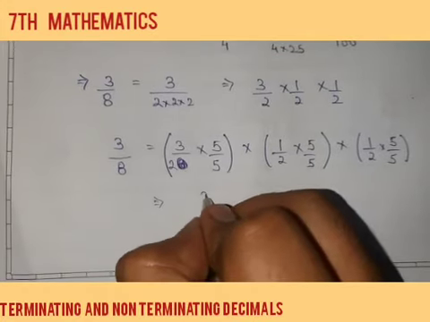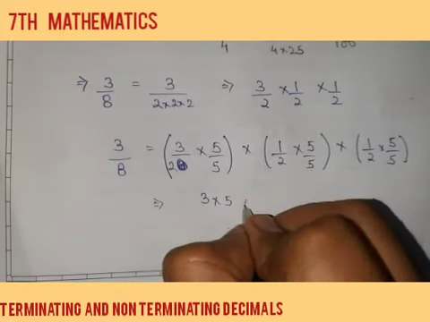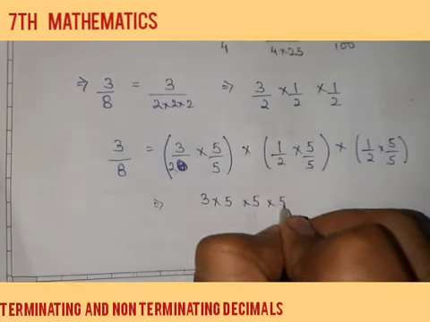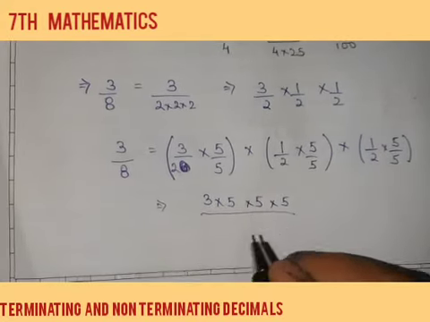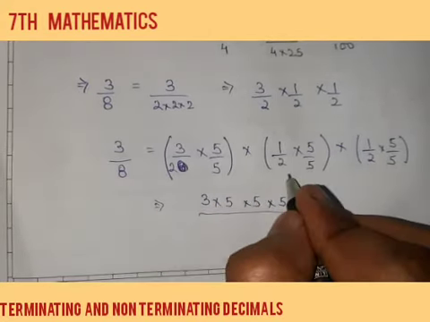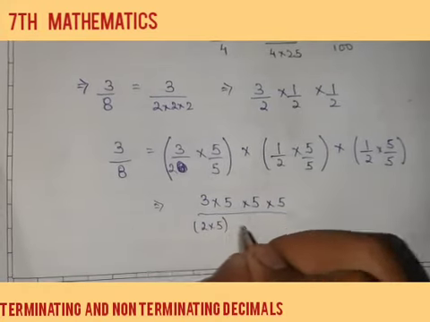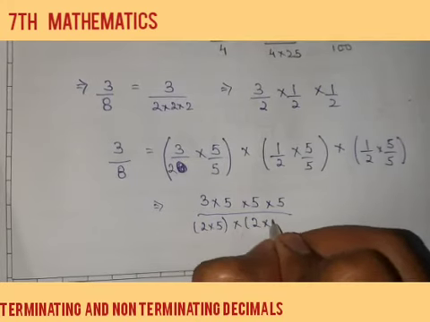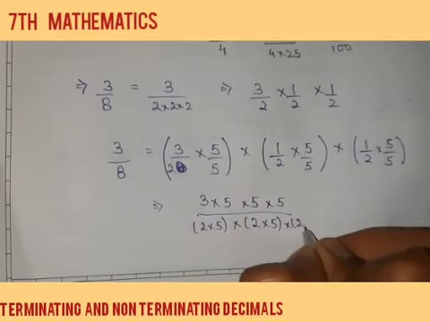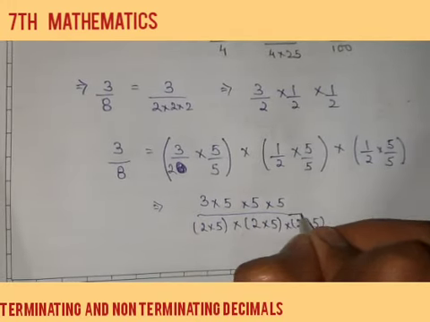We can write it as 3 into 5 into 5 into 5 upon 2 into 5, 2 into 5 and 2 into 5.